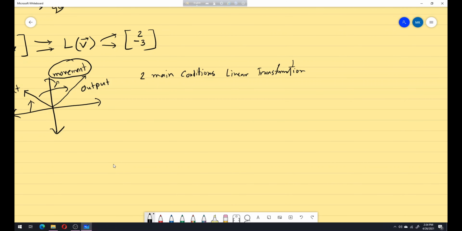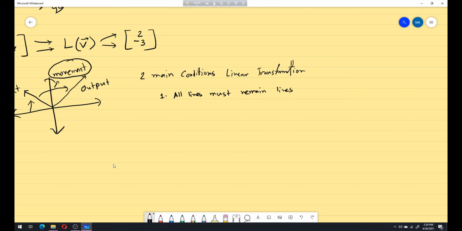The first condition is that all lines must remain lines.